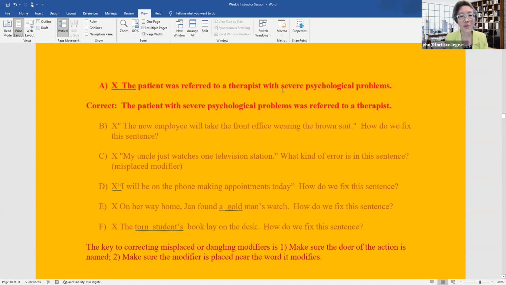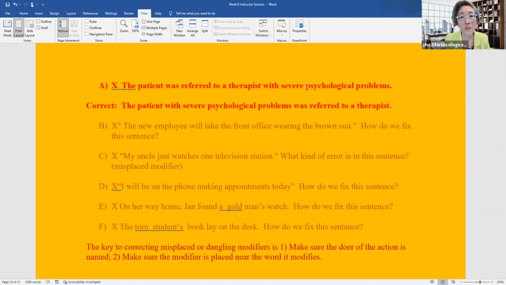No. So here, with severe psychological problems is in the wrong place. So who has the severe psychological problems? The patient. So you have to move this phrase, with severe psychological problems, and put it over here. That's why it's called a misplaced modifier, because the modifier is placed in the wrong position.